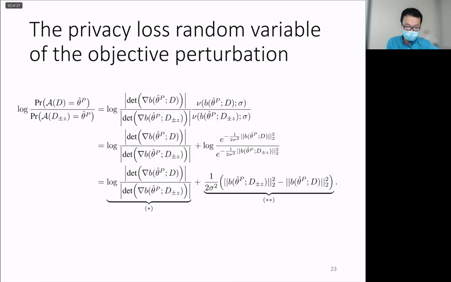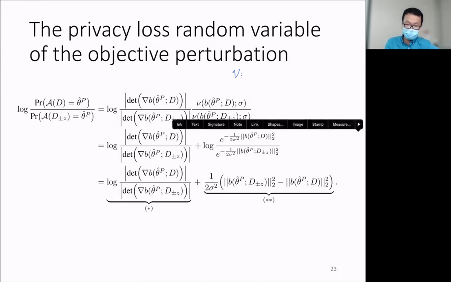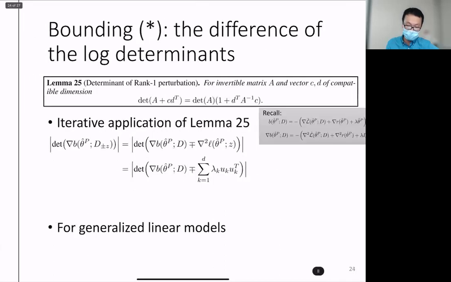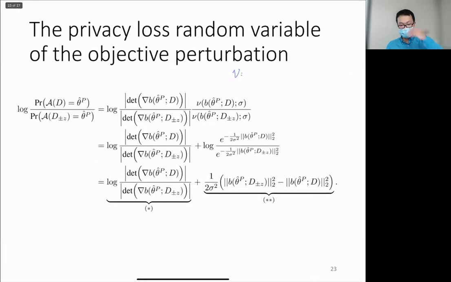So let's do that. What I'm basically doing is representing this Gaussian density with the new parameter, and this determinant gets multiplied to that in the alternative world. So this is the log probability ratio. Since the log of a product becomes the sum of the logs of the individual elements, we get these two terms.